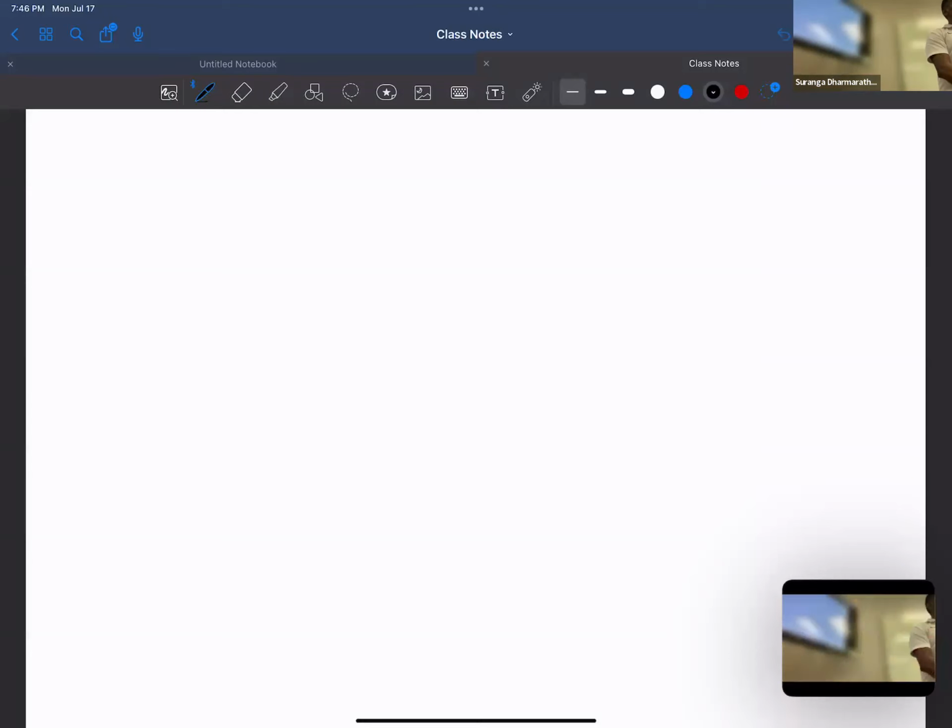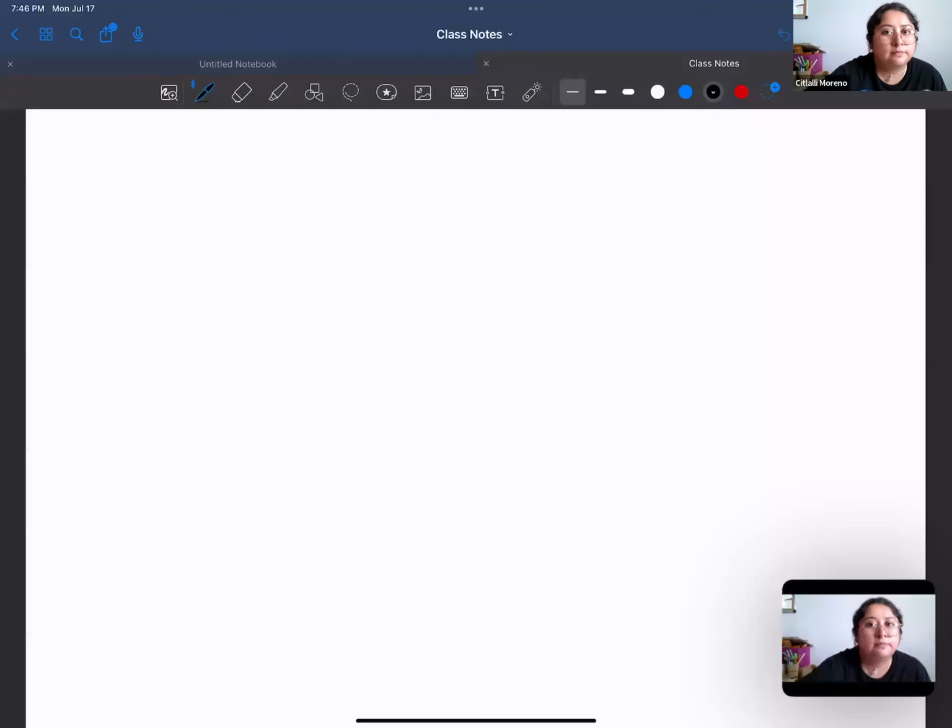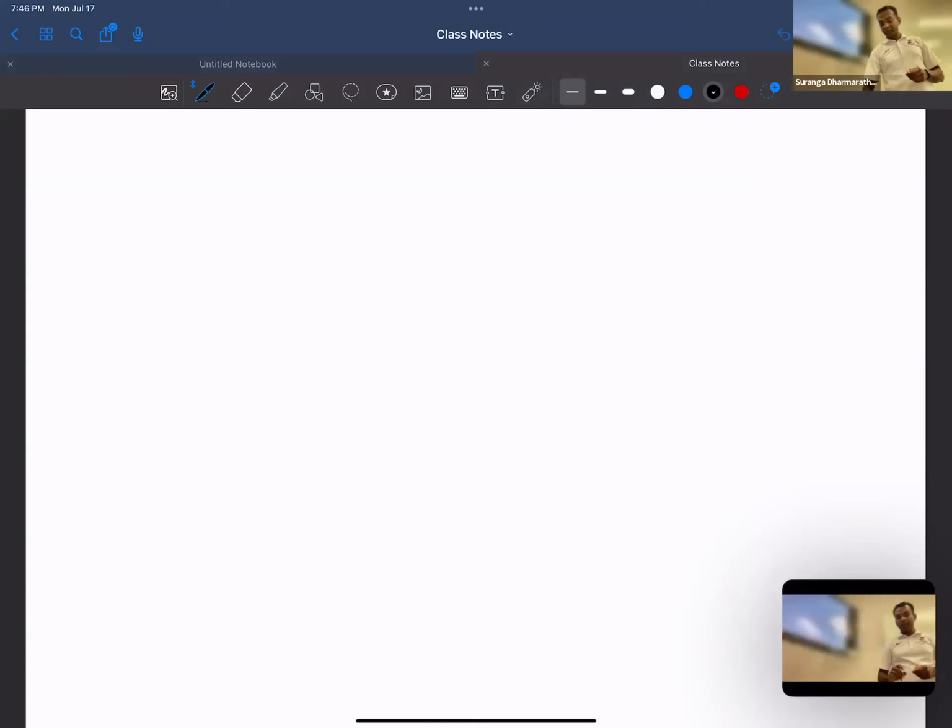Do you have anything that you find difficult? Number 5 on 3.2. Anything from 3.1 before moving to that? Could we go over 33? Yes, please, 3.1. Oh, yes, we can do that.